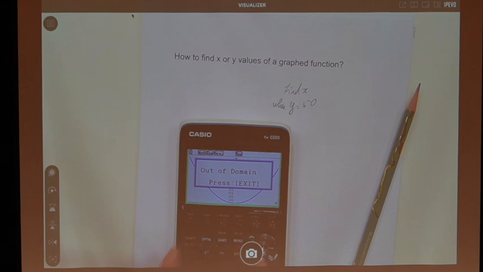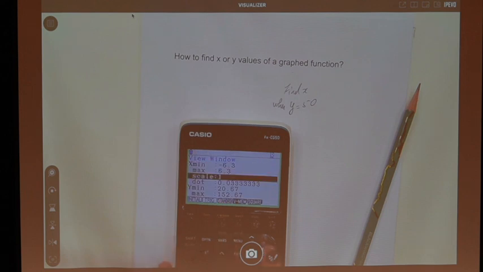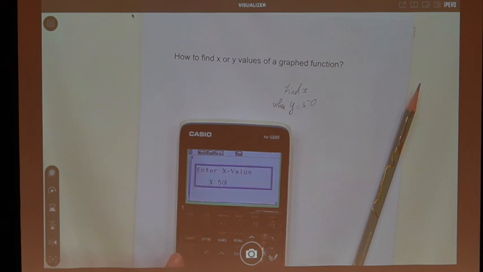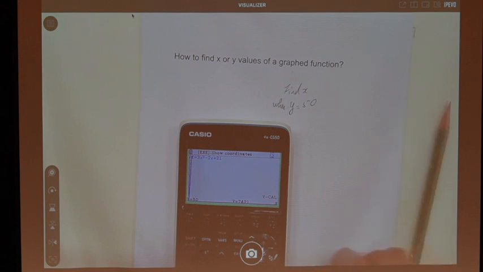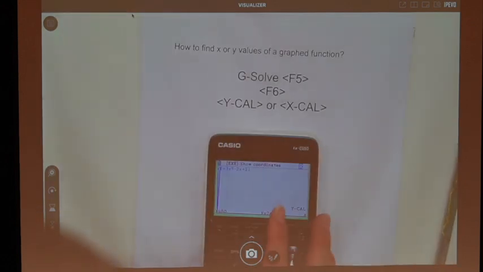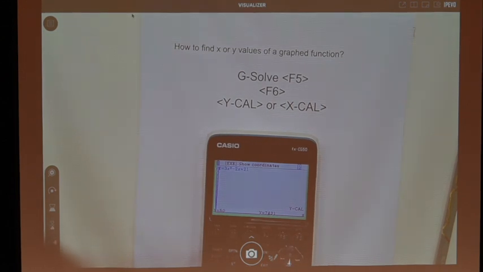If you fix the domain in the V-window, it will work for you. Even if it's not seen on the screen, within the domain it will still be able to calculate it for you. In case anyone wants to have a look at it and play around with it.